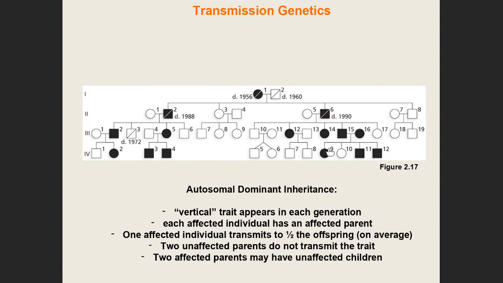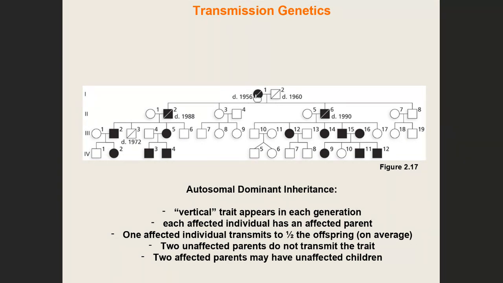We're going to talk about sex chromosome inheritance at the end of this lecture, okay? Sex-linked inheritance. So all of this is clearly autosomal inheritance, and that is you have a single copy of the gene that provides the trait, and there's a 50-50 chance of transmitting the trait to the progeny.